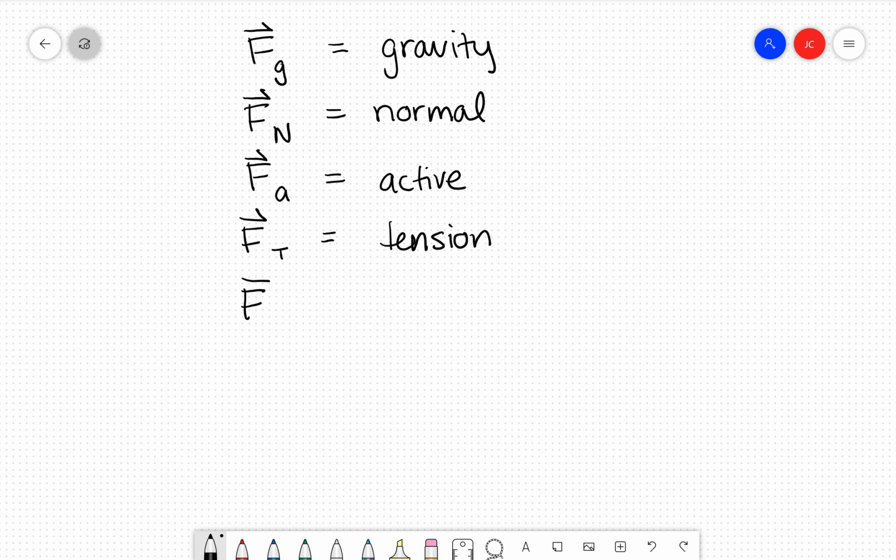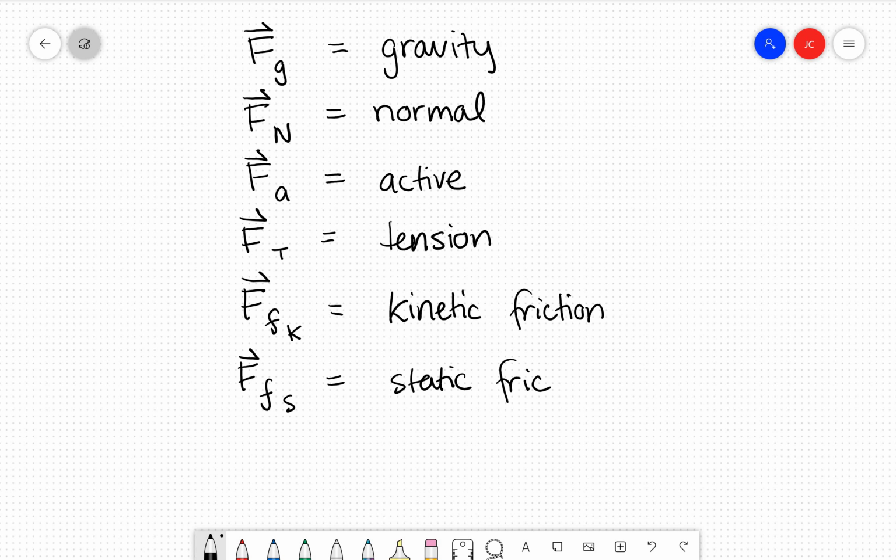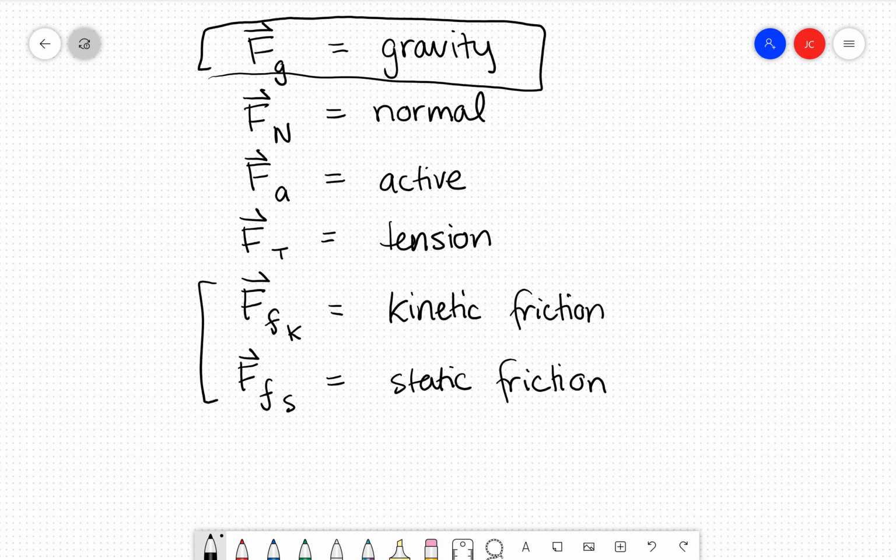We have Fk, which are kinetic friction forces. And then finally we have Fs, which are static friction forces. So these are the forces we're going to deal with. These last two are pretty related because they're both friction forces, and all the ones except for gravity are contact forces. So I'm going to now talk about each one specifically so that we're clear on how they work.